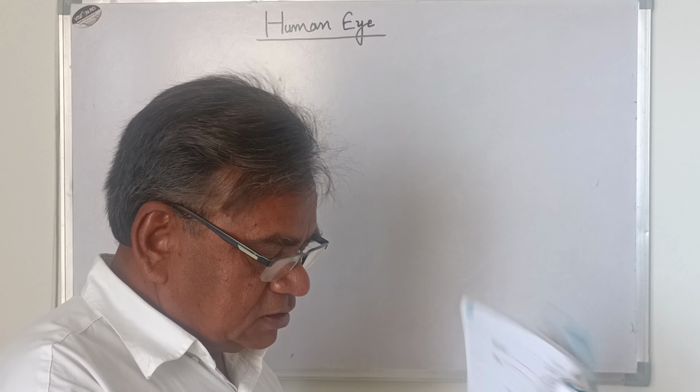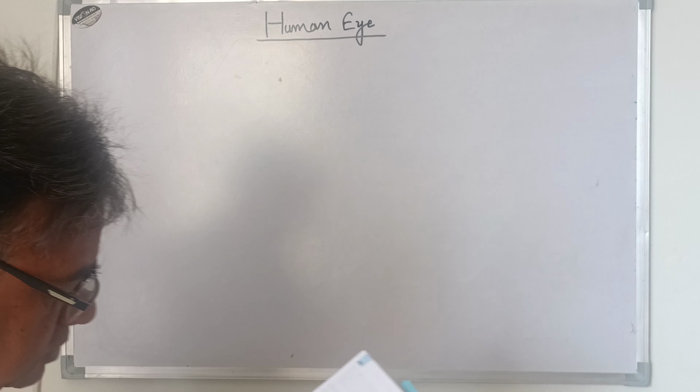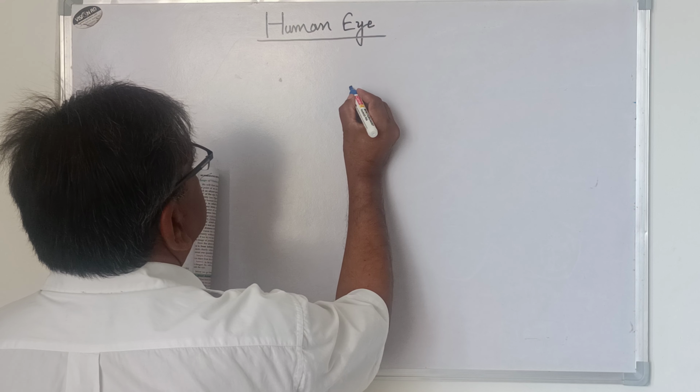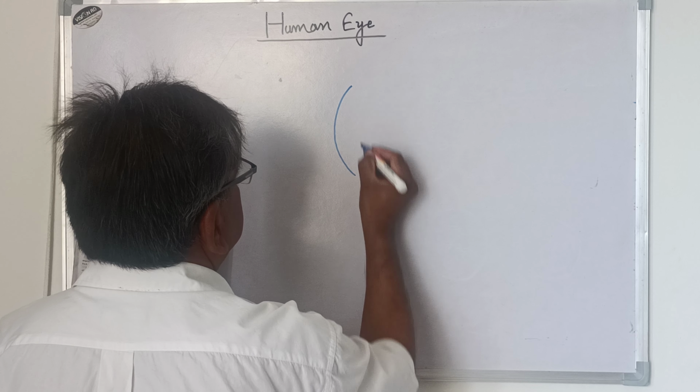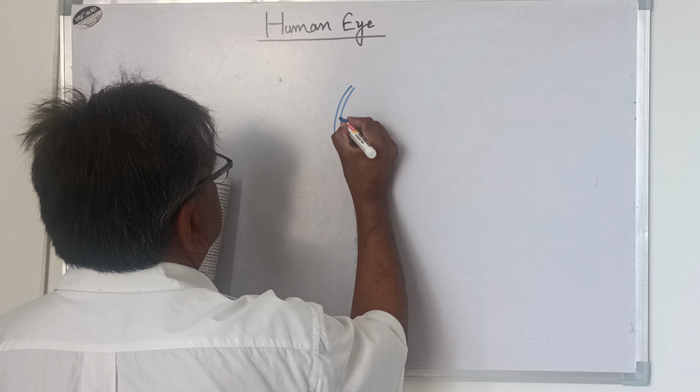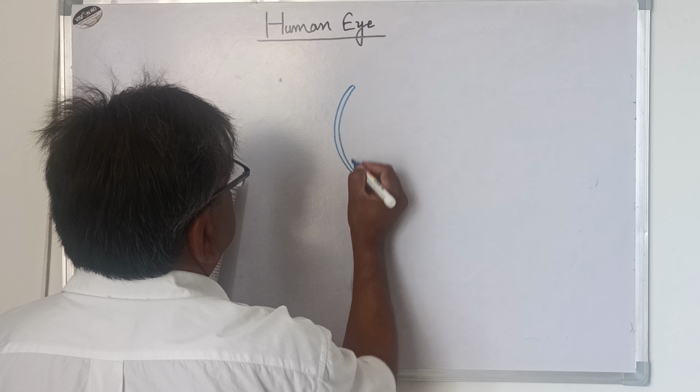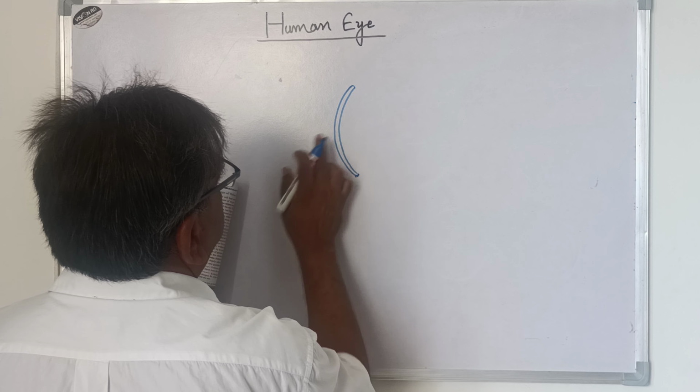Now, what is the limit of the accommodation power? You see, this is the front portion, this is the cornea, the first lens, front portion of our eye, and this is the eye lens.